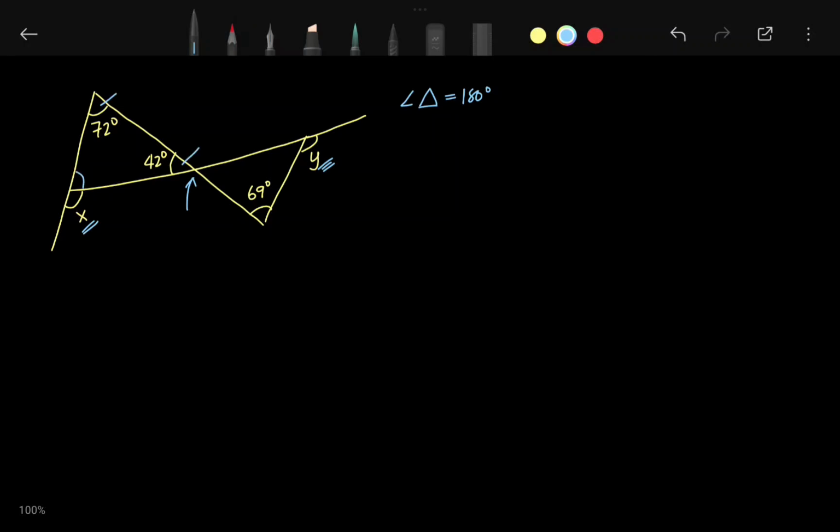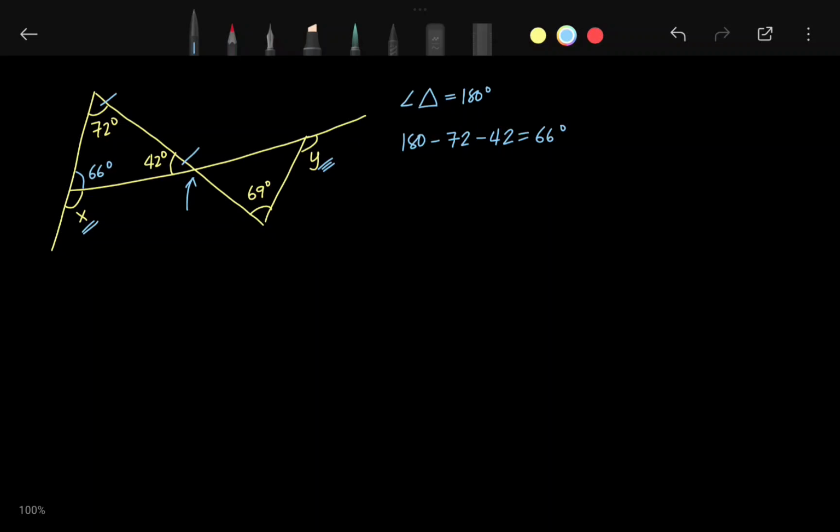Therefore, what's left? That should be 180 minus 72 minus 42 equals the unknown. So that would be 66 degrees. So I can write here 66 degrees.